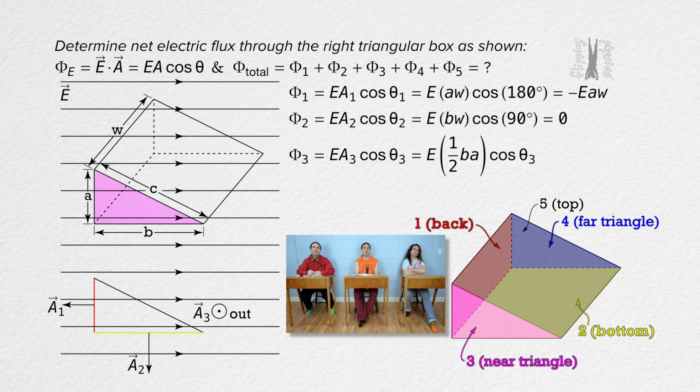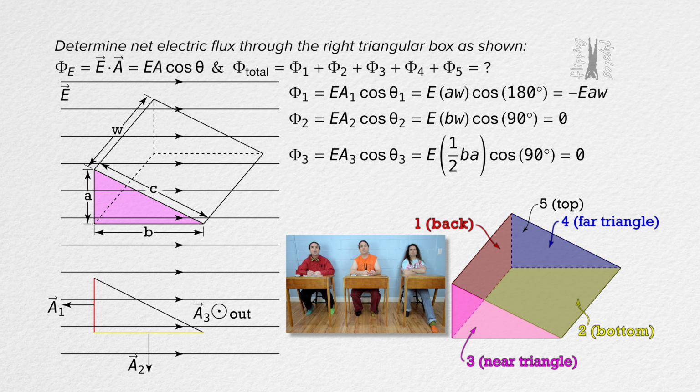Area 3 is out of the right triangular box, or out of the screen. The angle between out of the screen and to the right is, again, 90 degrees. So yeah, the electric flux through area 3 is 0. No electric field lines pass through area 3.